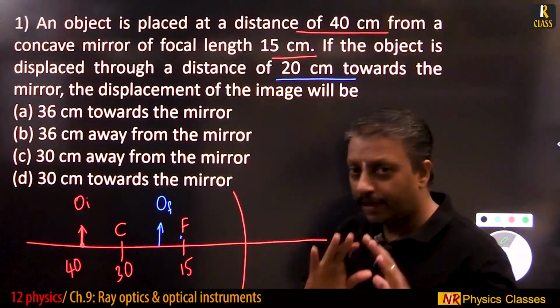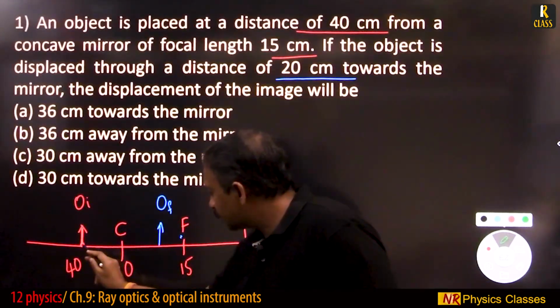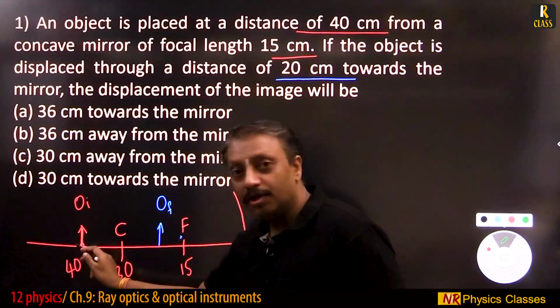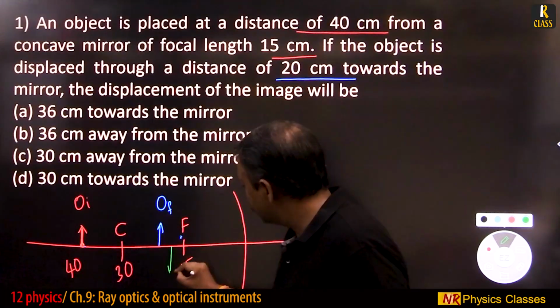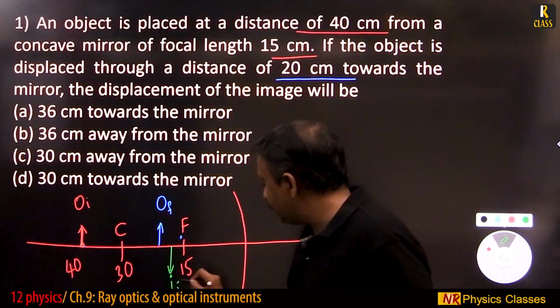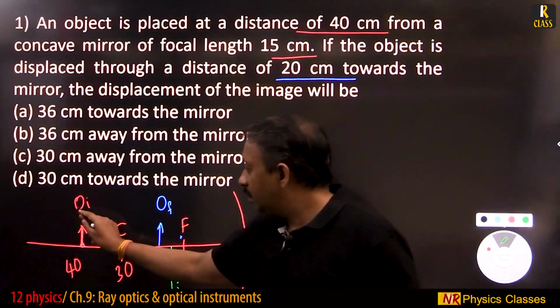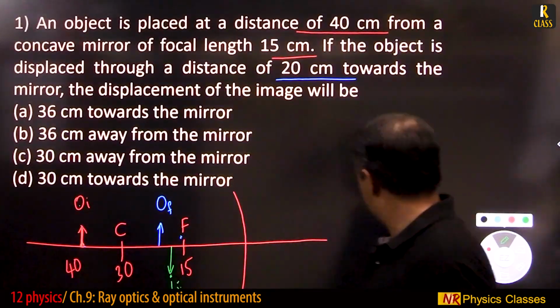We have to find the image. The initial object is beyond C. If the object is beyond C, the image will be closer to the mirror, somewhere here. So this is I, the initial image, for the initial object.